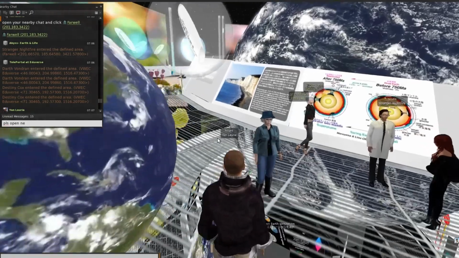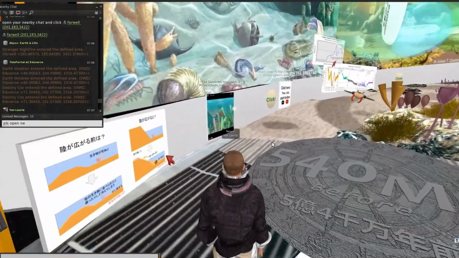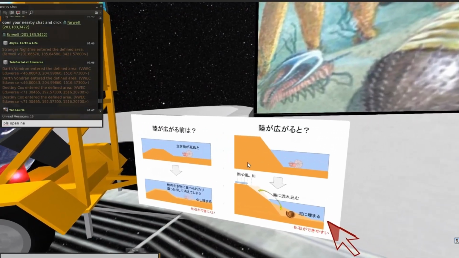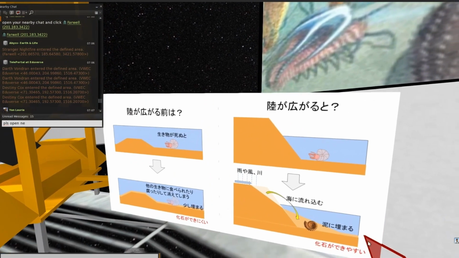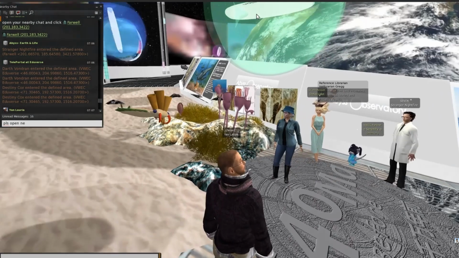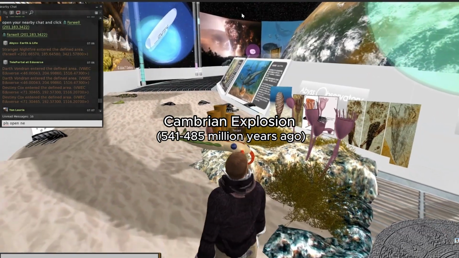And come on, please. Continents became larger. Then sediment flowed into the ocean, and dead living things were buried in strata. Then the Cambrian explosion appeared.